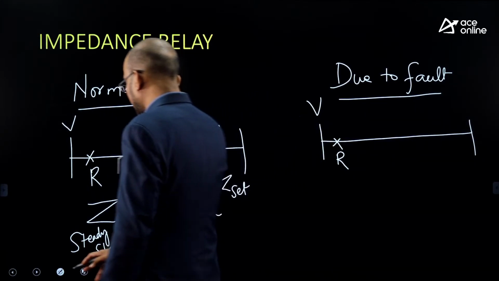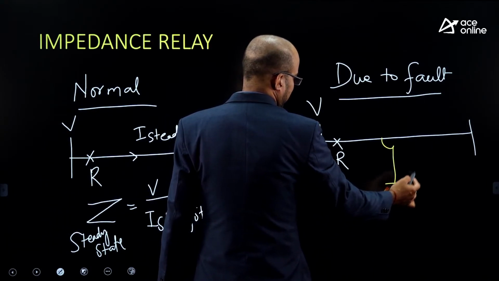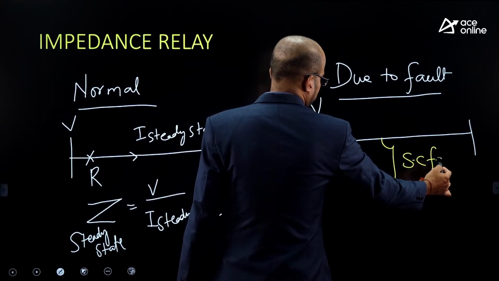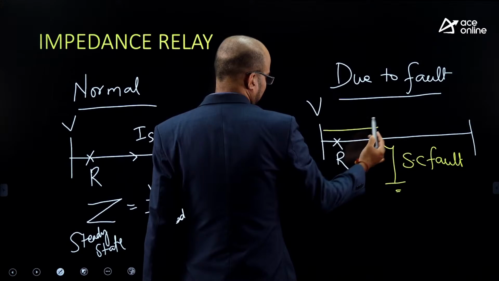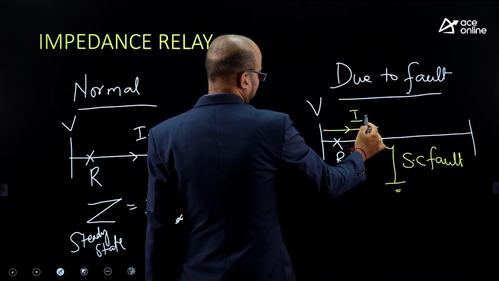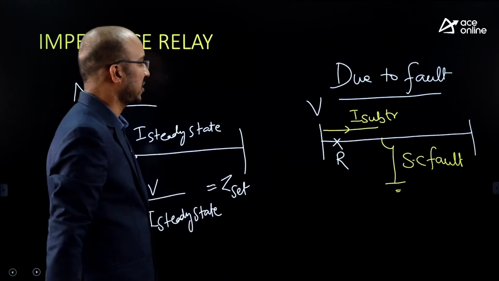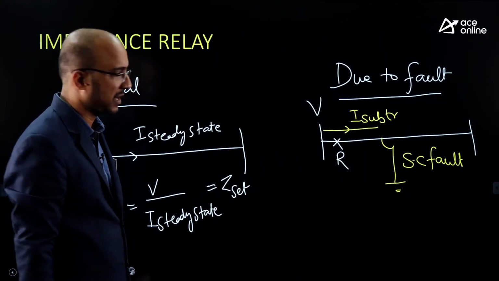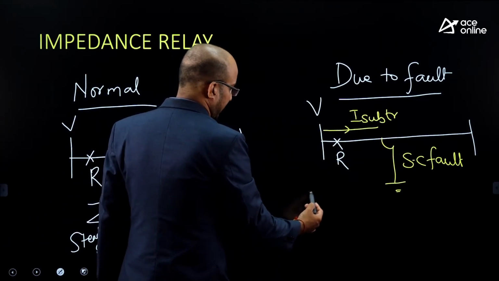Now, if a short circuit fault occurs, the current observed here will be the subtransient current. So, during a fault, initially the subtransient current flows.